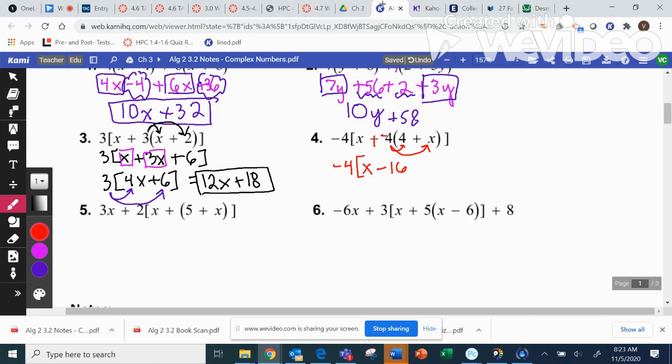When I distribute the negative 4, I get minus 4x. I have like terms with x and minus 4x. So now I have a negative 4 outside of the bracket. I've got a negative 3x, and I have a minus 16.